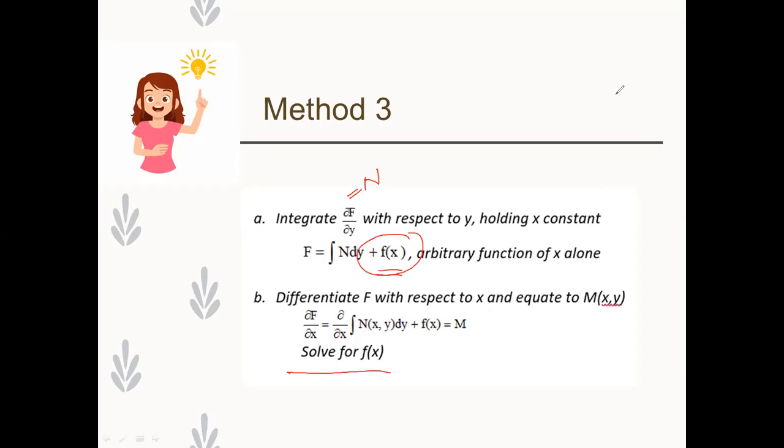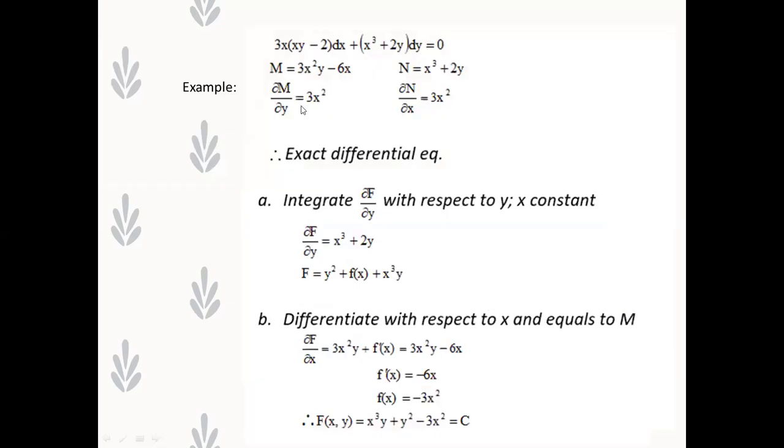Okay, so we will now apply this same principle to our differential equation. Let's say we're still going to work on the same DE, but this time we will use method 3.